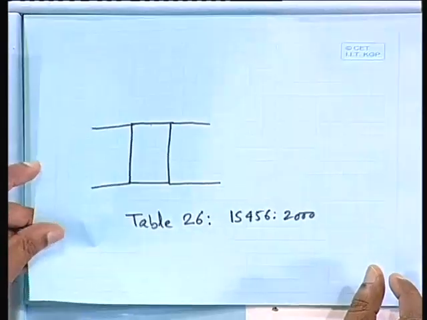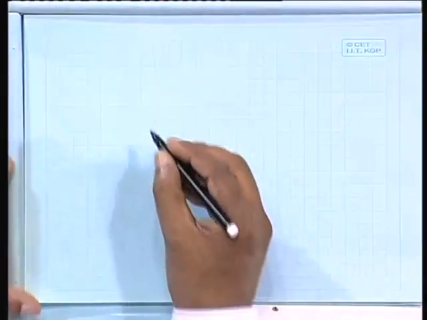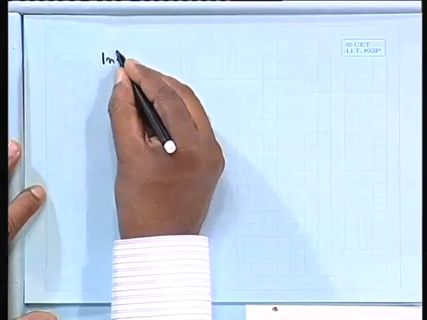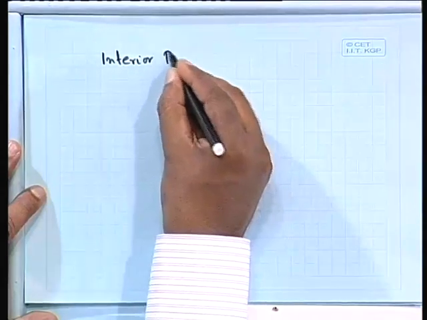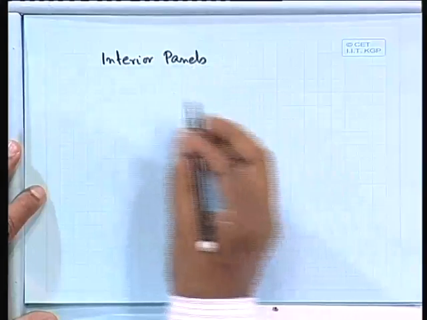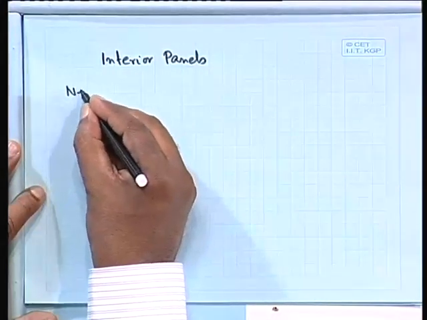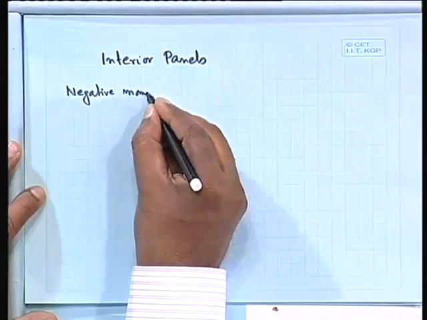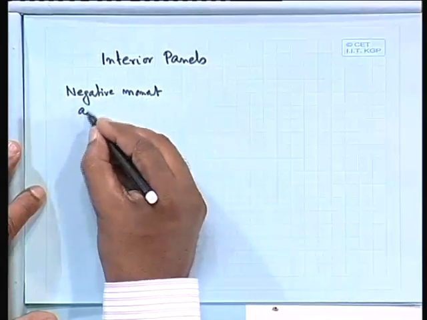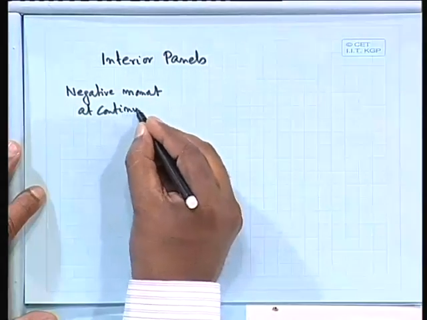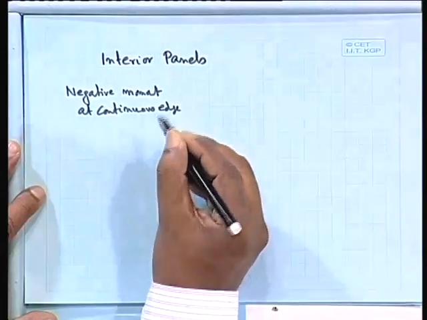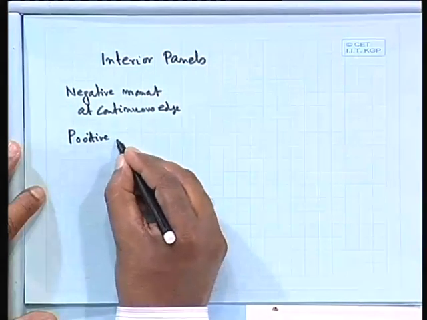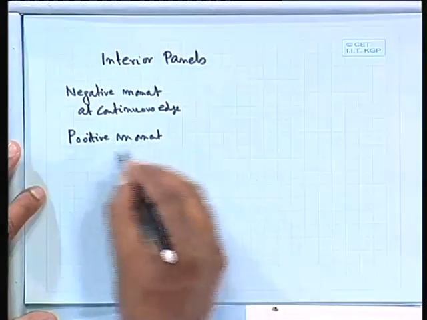Just for one sample, I should tell you how it comes in a similar fashion. For the interior panel itself I can tell, and for the others you can find out. It says: negative moment at continuous edge and positive moment at mid span.